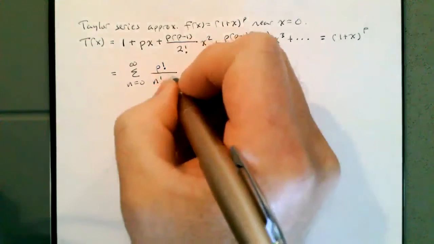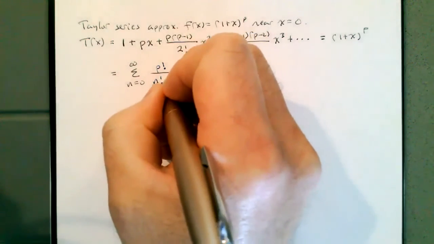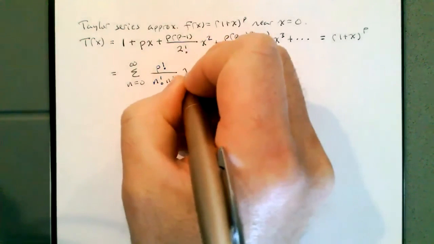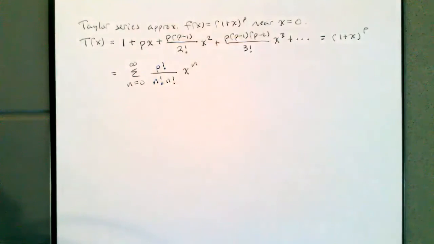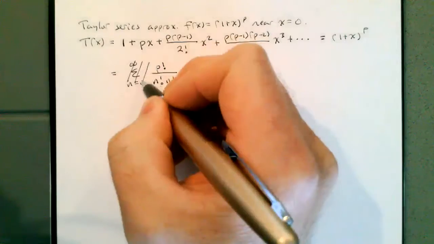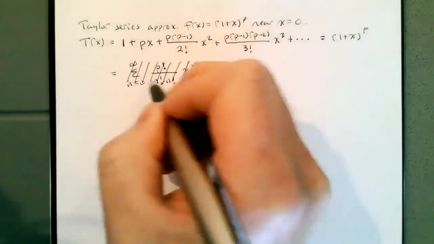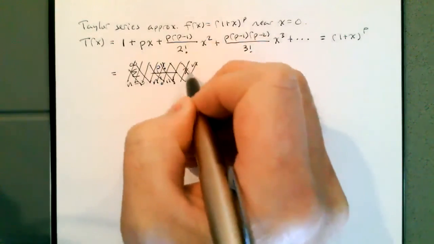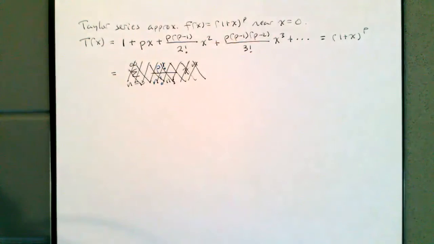Did I drop something? I feel like I dropped something. x to the n. I think I messed something up. Glad I recorded that. If I had the patience to edit video, I'd edit that out.